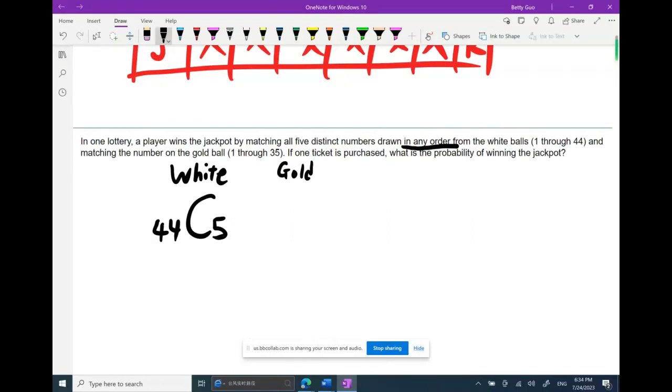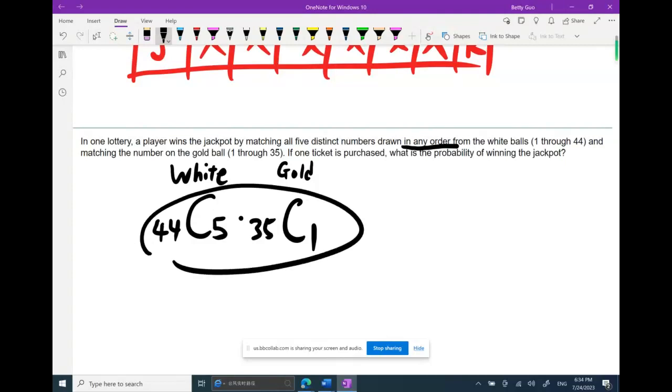It could be number 1, could be number 2, or could be number 35. Your task is to match the number. So choose one from the 35 numbers for the gold ball. That's the second step. All right, so you finish the 2 steps, you play the game.